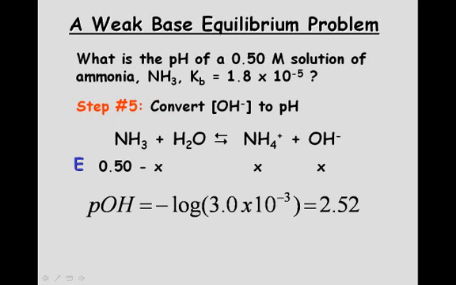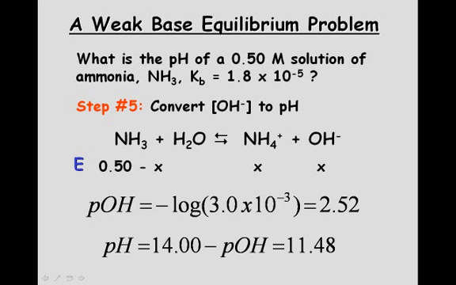That 2.52 that you see on the screen there actually represents the pOH. And if you'll recall from a previous podcast, pH plus pOH equals 14. So if we perform a quick little subtraction here, if we take 14 minus the pOH, the pH of that 0.5 molar solution of NH3 then will end up being 11.48, which of course then is a base.